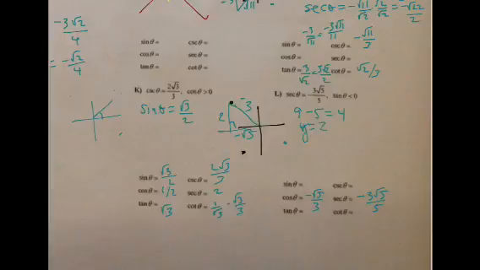Okay, so sine would be y over r, so 2 over 3, and then this is 3 over 2. And tangent would be y over x, so negative 2 over radical 5, which is negative 2 radical 5 over 5. And then the cotangent theta would be negative radical 5 over 2.